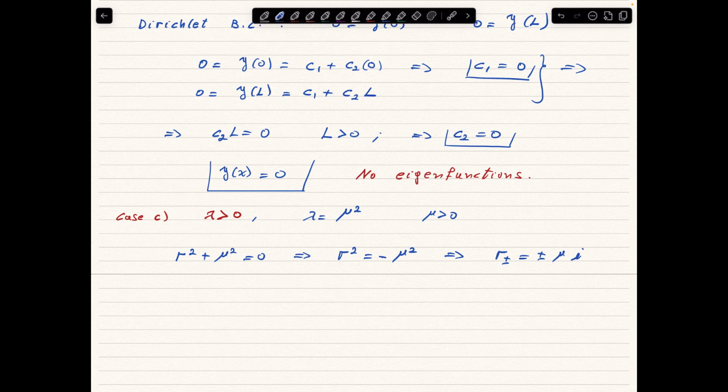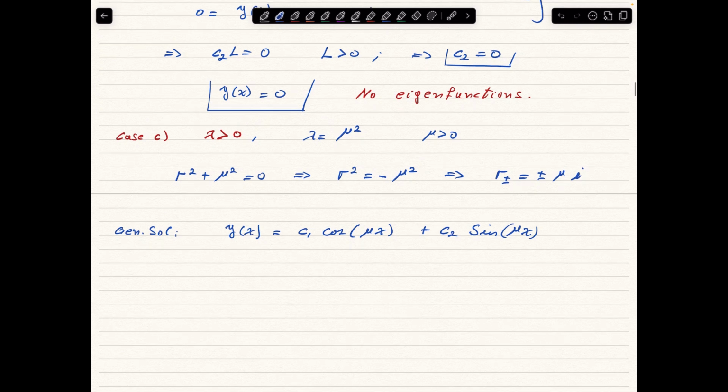And because of that, the general solution for this case, case C, lambda positive, is going to be y of x equals some constant cosine of mu x plus some other constant sine of mu x.